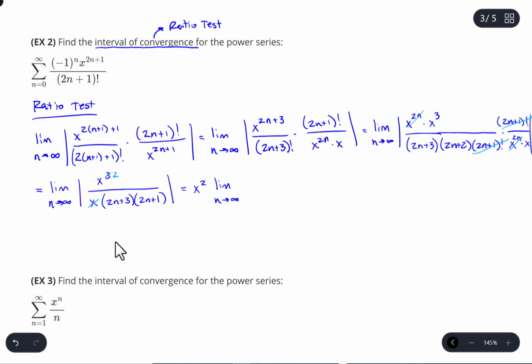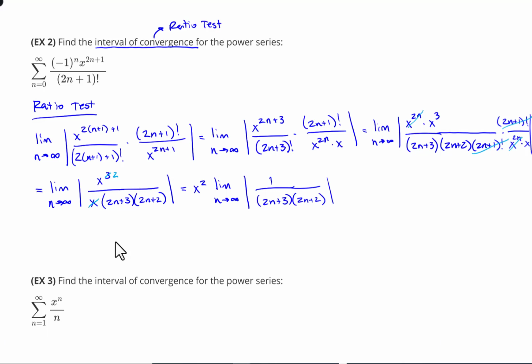You could put the absolute value around it. It really wouldn't make any difference, but now I'm just left with this. And actually, I made a mistake there. That was supposed to be 2n plus 2. You all probably caught that and have told me in the video.